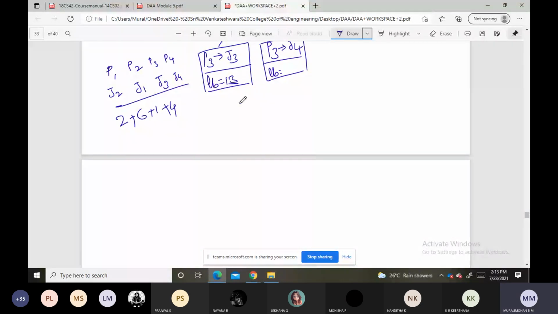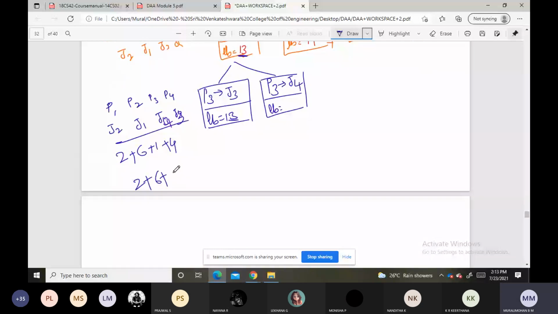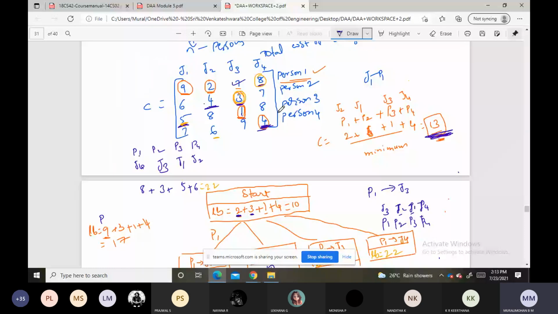Similarly, the other option is we can give job 4 to person 3, and then we can give job 3 to person 4. In that case we get 2 plus 6, plus person 3 job 4, which is 8, plus person 4 job 3, which is 9.